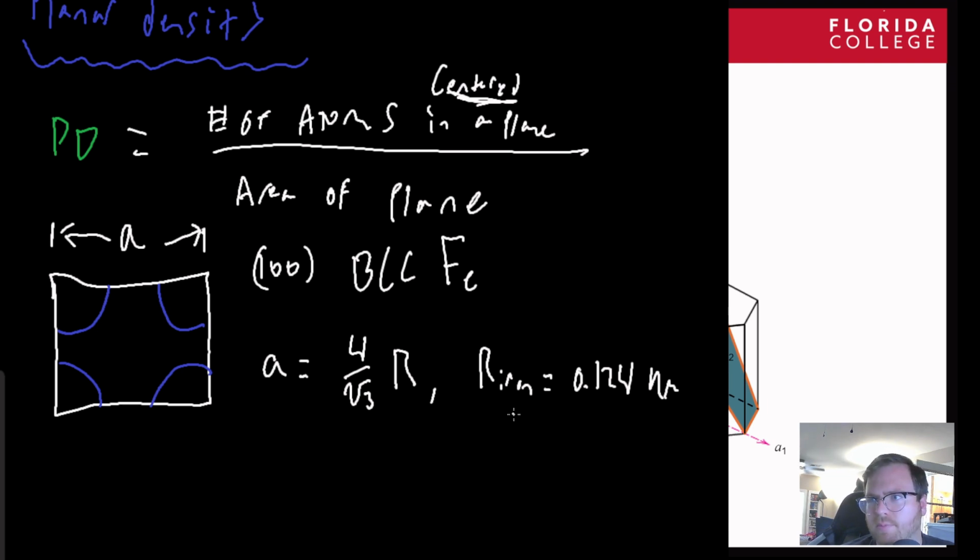They are in your book as well. There are tables that show you where those are. In fact, I might edit this video to show you where to find those if you need them. But the radius of iron is 0.124 nanometer. And a, in this case, if you just solve this function, it'll be equal to 0.287 nanometer. That's just the value of this function here. That's one of our side lengths for the unit cell.